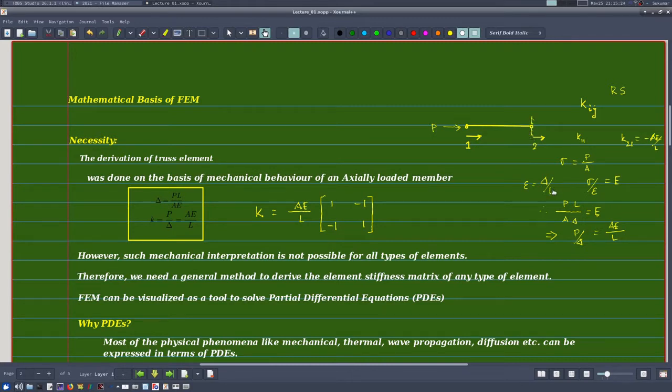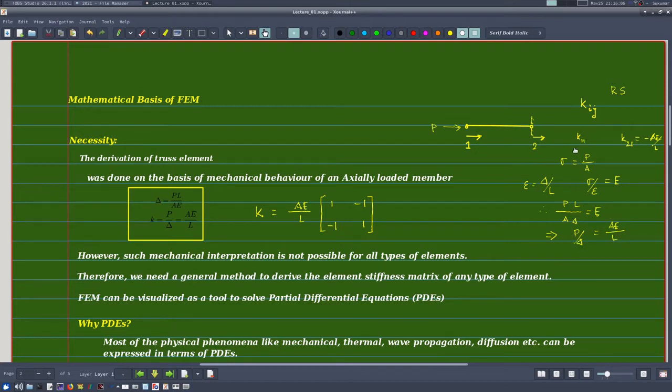Then force divided by area, if the area of the element is A, gives stress P by A. And if the deformation is delta, then strain will be delta by L. Based on linear elasticity, stress by strain is Young's modulus E. Therefore, P by A divided by delta by L, or multiplied by L by delta, gives me E, and therefore P by delta is obtained as AE by L.